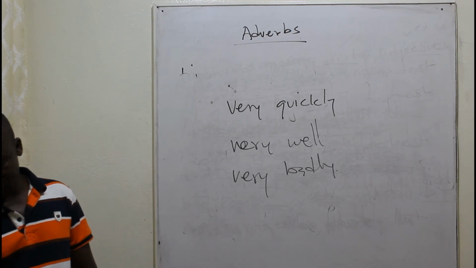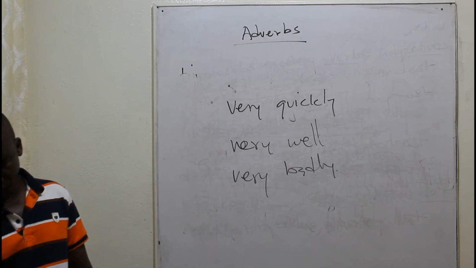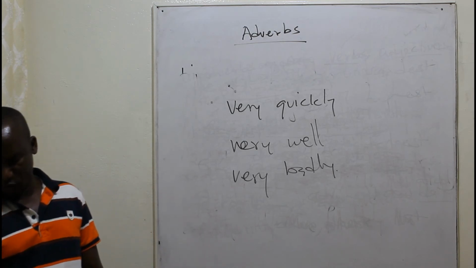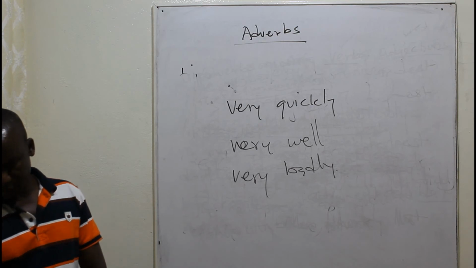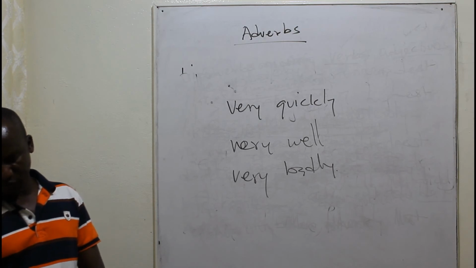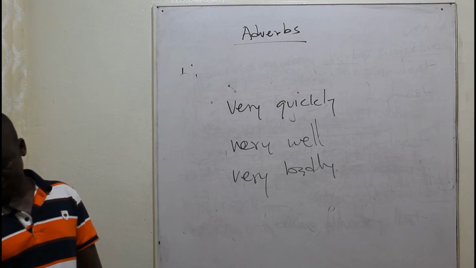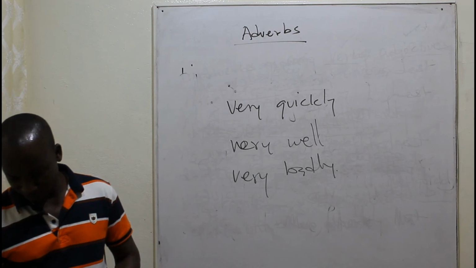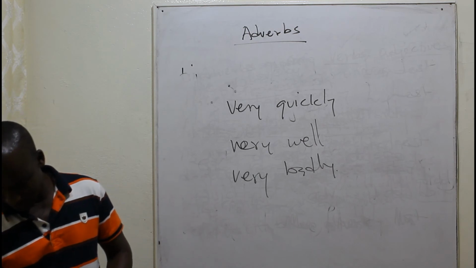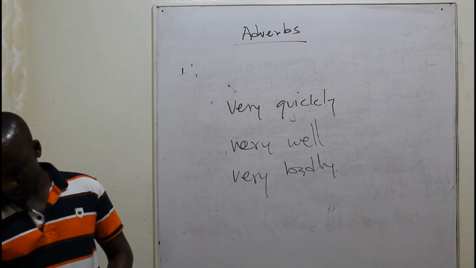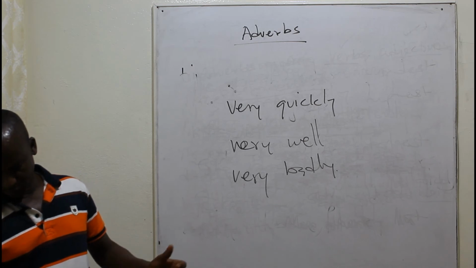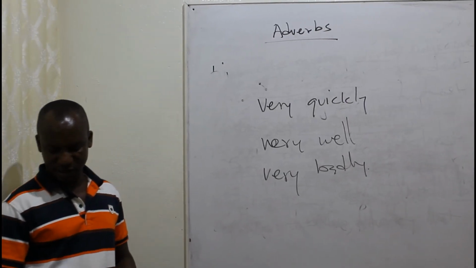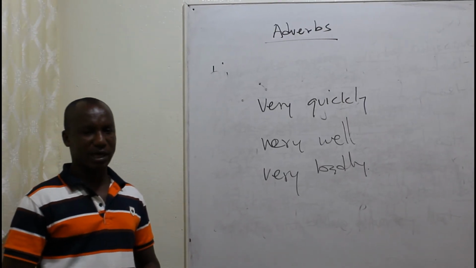Now, functions of adverbs. And adverbs have two functions, and they either function as modifiers or as adverbials. When they function as modifiers, they modify verbs, adjectives, and other adverbs. So the adverb can function as adjuncts, disjuncts, and conjunct.